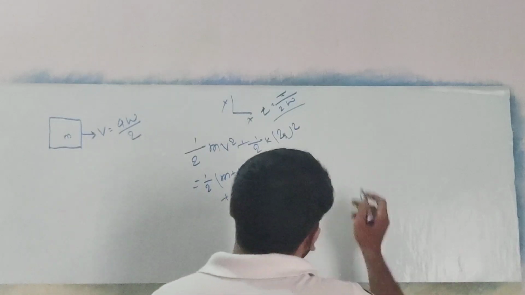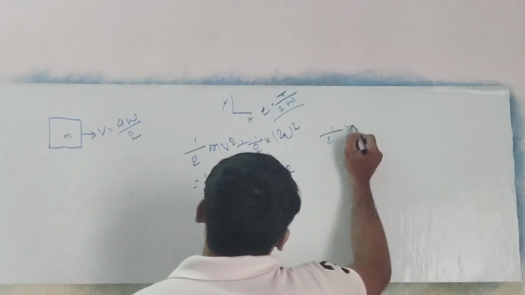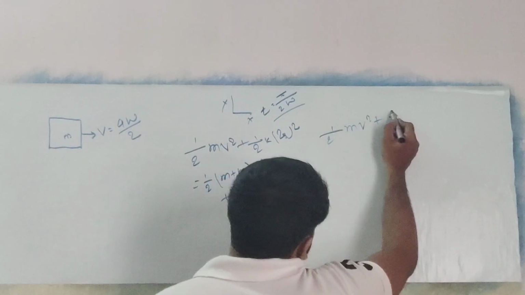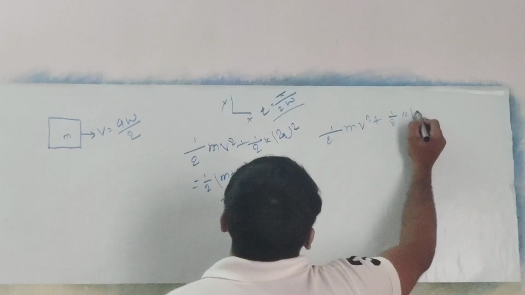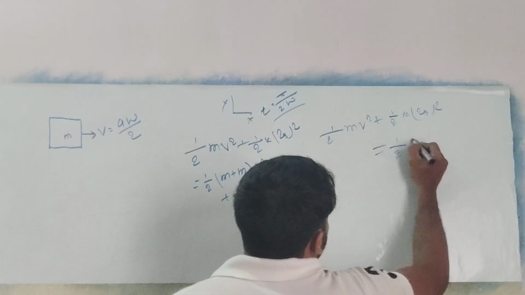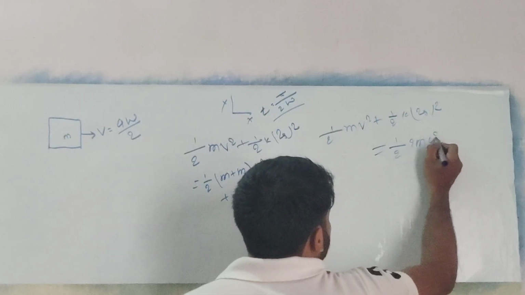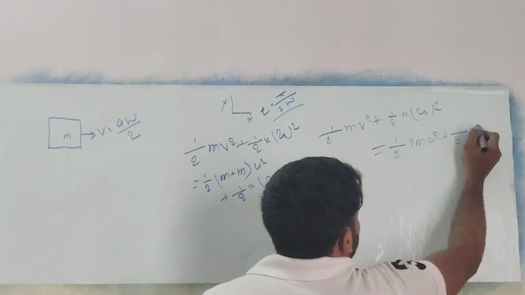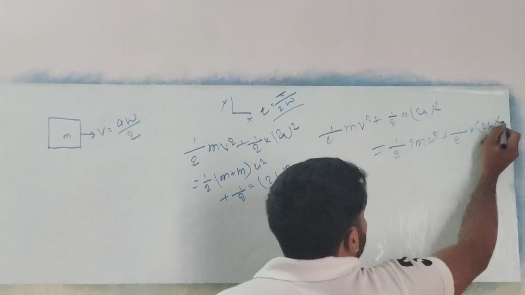This says that half m v square plus half k (2a) square is equal to half 2m u square plus half k (2b) square.